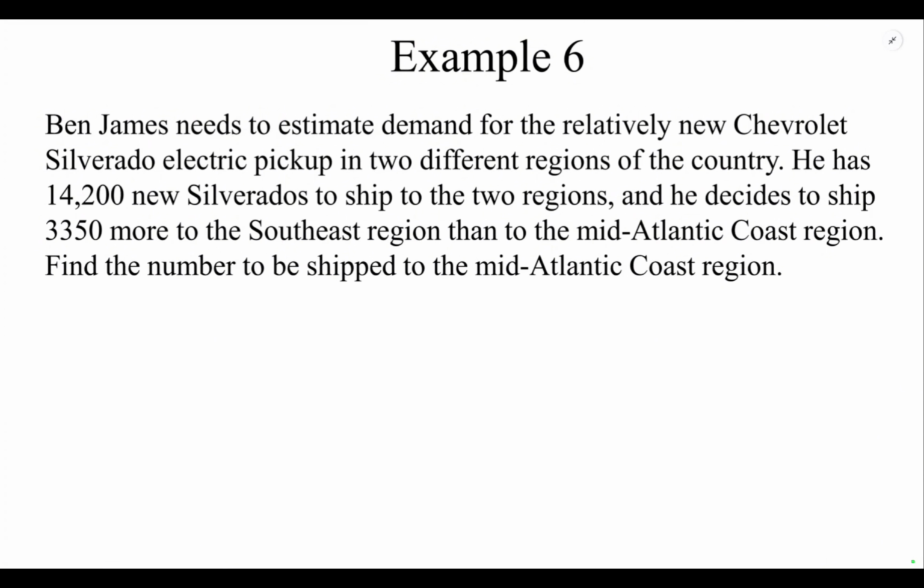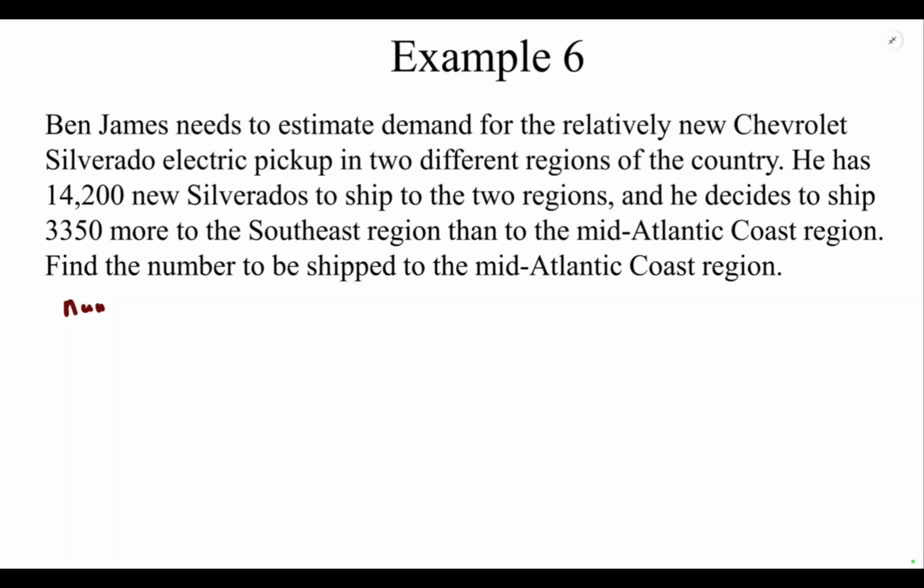All right. So we have to pull some things out. Now you can pick your unknown being whatever you want to pick. All right. So it says find the number to be shipped to the Mid-Atlantic coast. So that's our unknown. So let's go there.